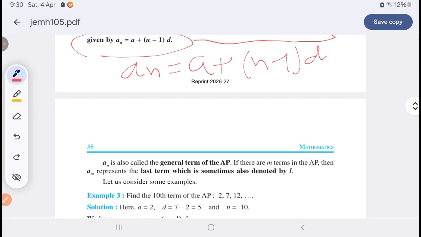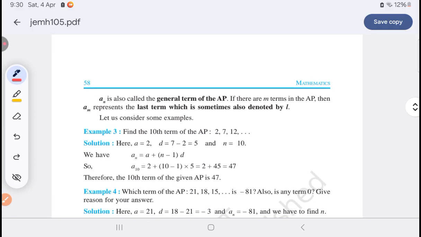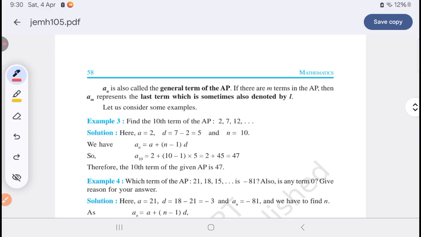From this, you can find what the nth term is and the value of the nth term also. For example, find the 10th term of the AP.